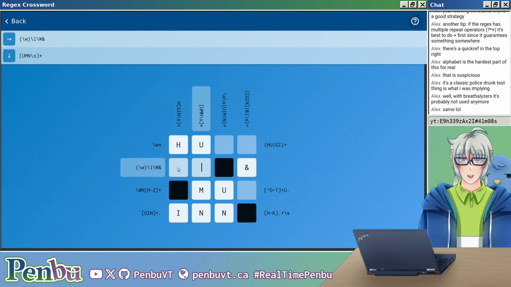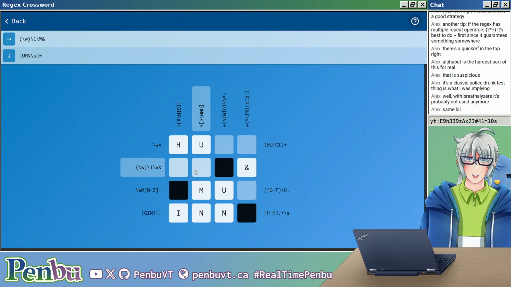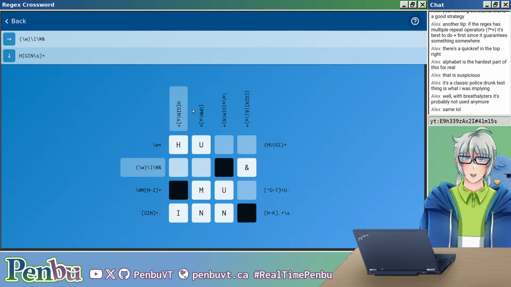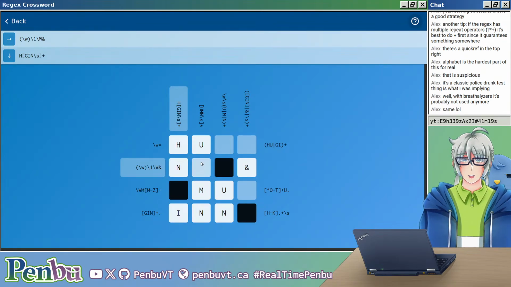Because this could potentially just be anything. Oh no, but we're forced to because there has to be a character between these two sets that are the same, which is the N.